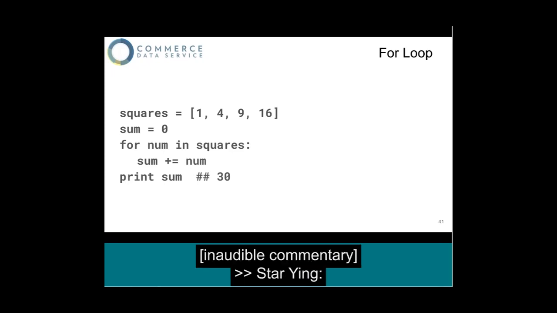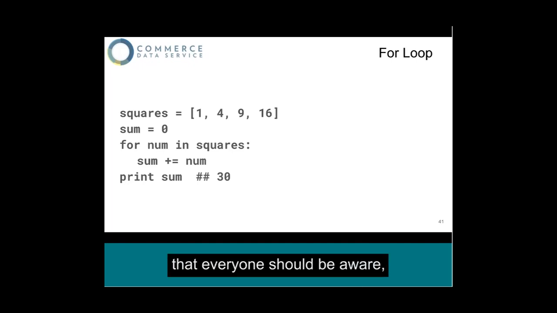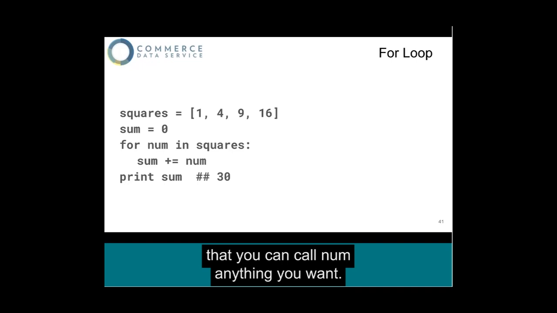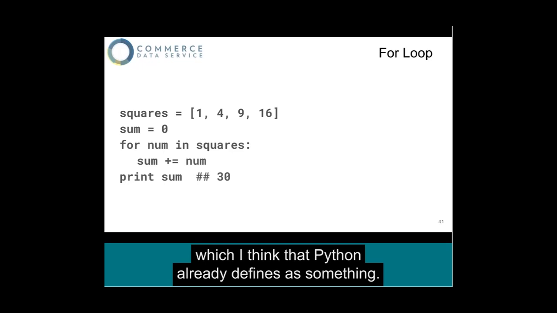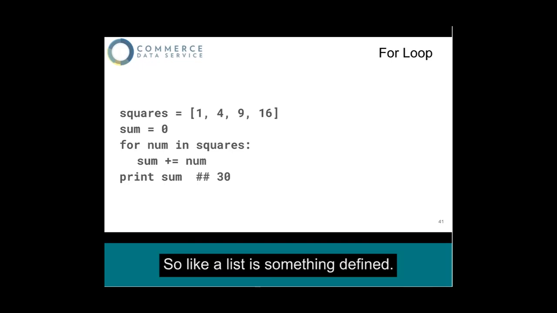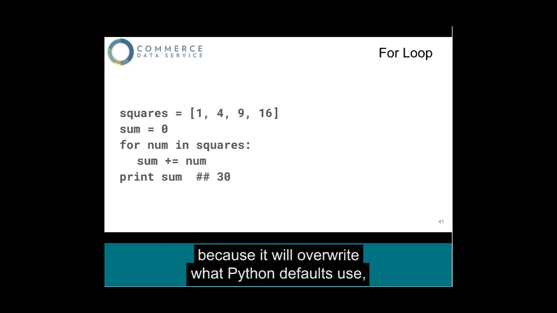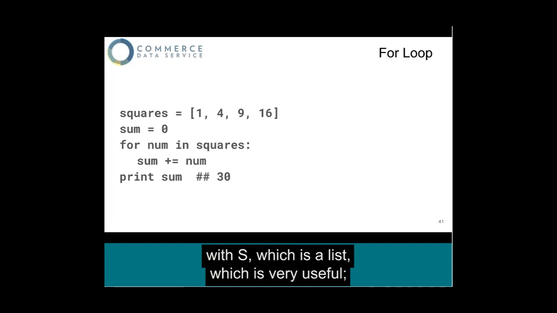So that leads me to a good point which everybody should be aware of. You can call num anything you want. You can call it x, you can call it y, but there are some things you want to avoid, which are things that Python already defines as something. So a list is something defined, so don't call your variable list, because it will overwrite what Python uses list as by default, which is very useful.